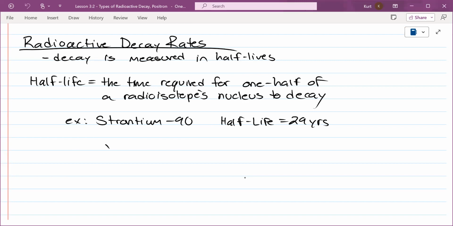In the year 2000, I have 10 grams of strontium 90. Flash forward to the year 2029. How many grams do I have? Well, what's half of 10 grams? 5.